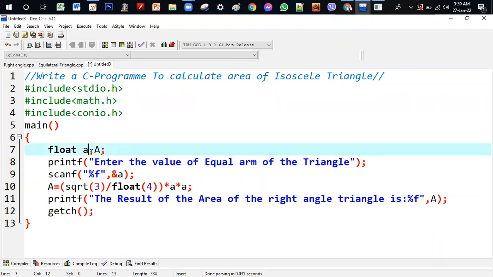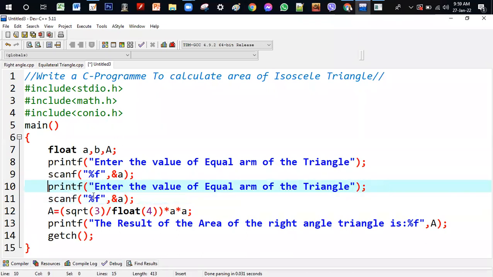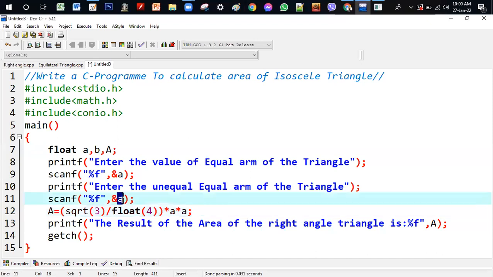Here the inputs will be a and b, where a is the equal arm and b is the unequal arm. Now copy this printf and scanf and paste here. Printf: enter the equal arm of the triangle a, and enter the unequal arm of the triangle. So this value will be the b value. So you have to enter the equal arm.